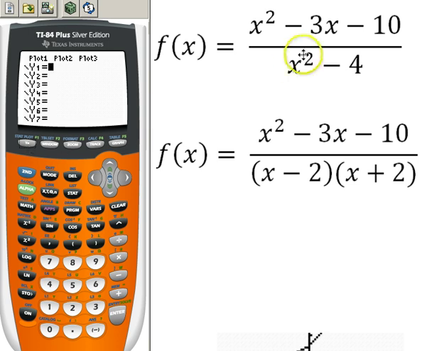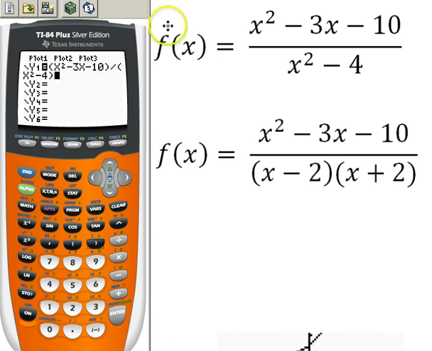And in that, I want to graph this function. So I have to put parentheses x squared minus 3x minus 10, end my parentheses, put a divided by symbol, add another parentheses and go x squared minus 4.